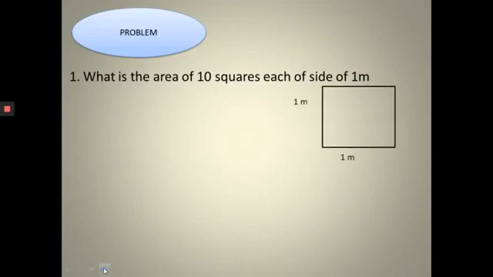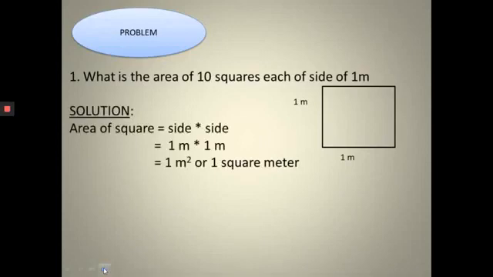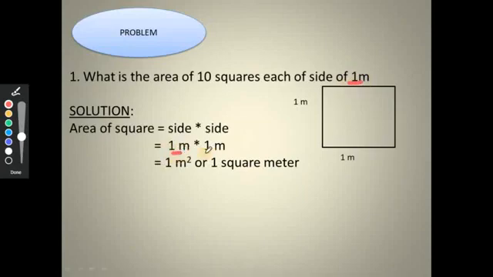We all know area of a square is equal to side into side. So the side is given to be 1 meter. So it is 1 meter into 1 meter, which is equal to 1 meter square, or 1 square meter. So area of square is equal to 1 meter square.